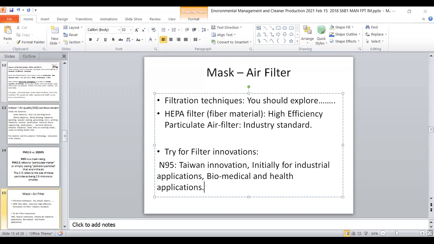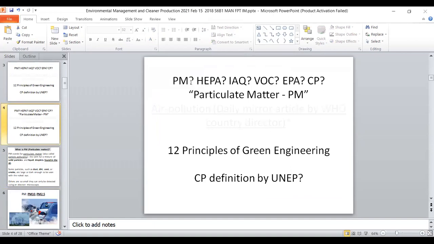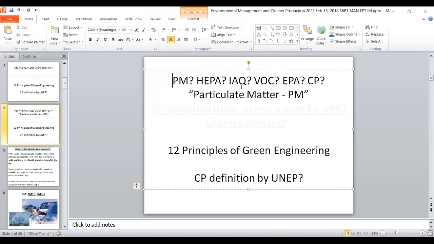So today our lessons are about this PM, HEPA, IAQ. Actually, we are not going for deeper studies because we are manufacturing, IM, and food bank. The basic awareness of this is good enough.